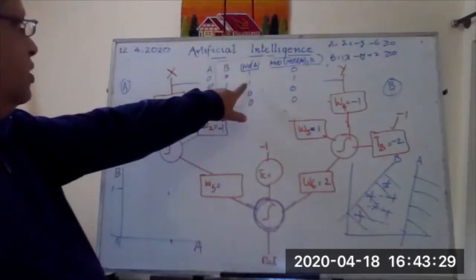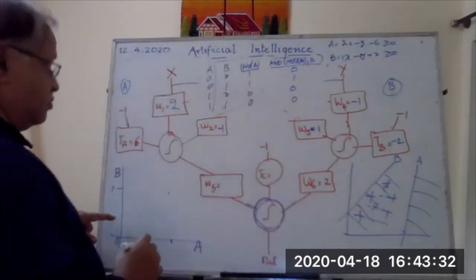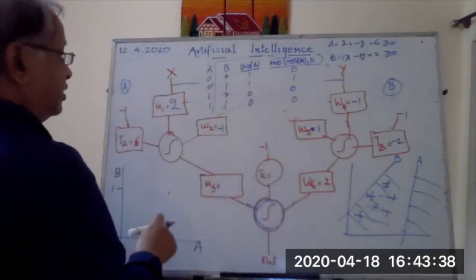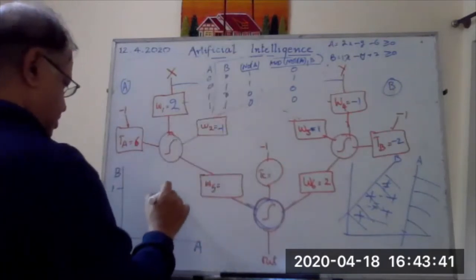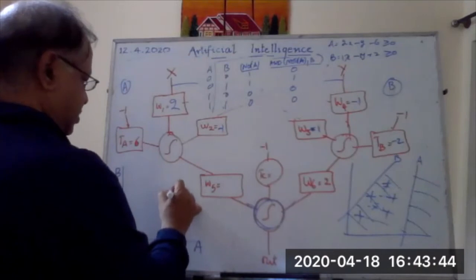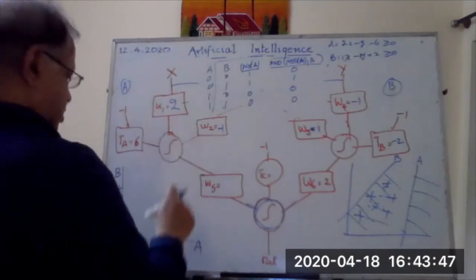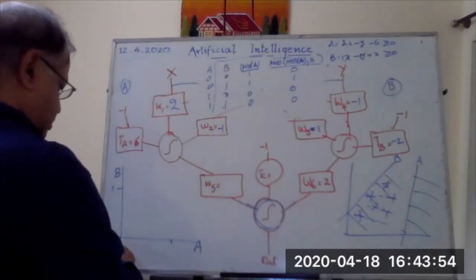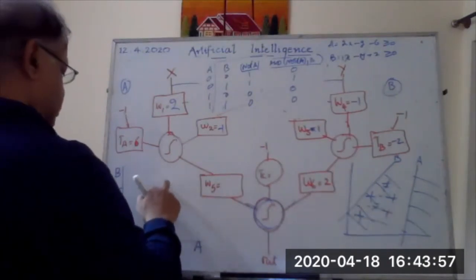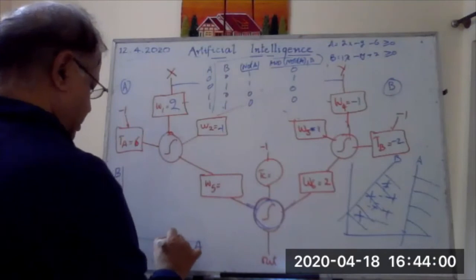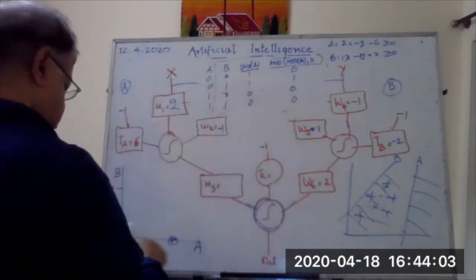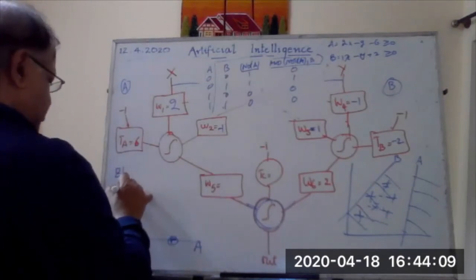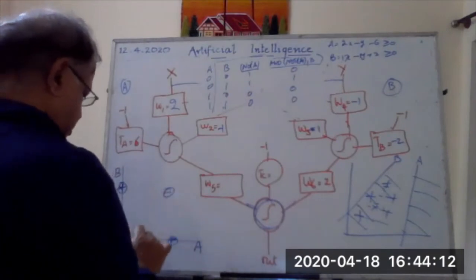That means when it is B, and when it is not A, that means not A in the sense if it is 0, we need to consider it as 1, and that will be 1 and 0, which is negative here, and 1 and 1, that means this and this will be the positive one. The other one will fall on the negative side of it.